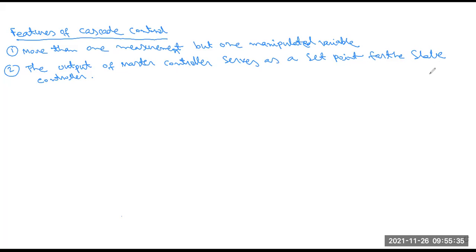This is called the slave controller part. Okay, next, here the feedback loops are also present. We have to know from our previous slides that when you use two controller parts, the master controller and slave controller part, it has two feedback loops.